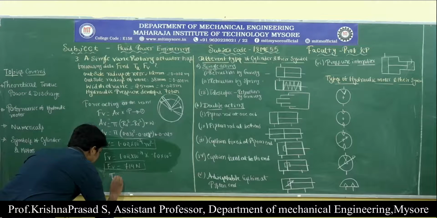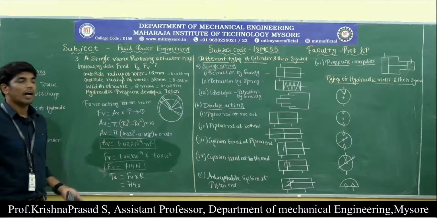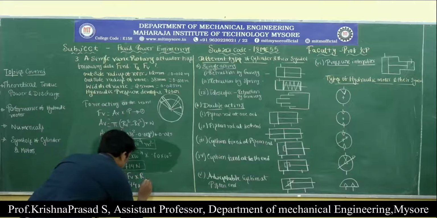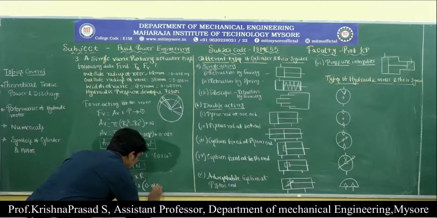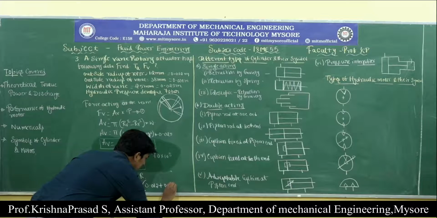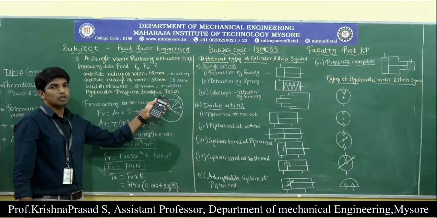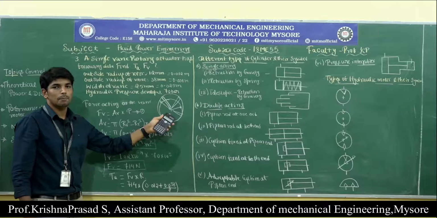We know that torque capacity of the actuator is equal to force into radius. Force is 714. Here the radius we need to add is the radius of the rotor and the radius of the vane. Radius of the rotor is 0.012 plus 0.038 divided by 2. Because the vane is attached to the cam ring also, assume that the radius of the vane is double the radius of the rotor.